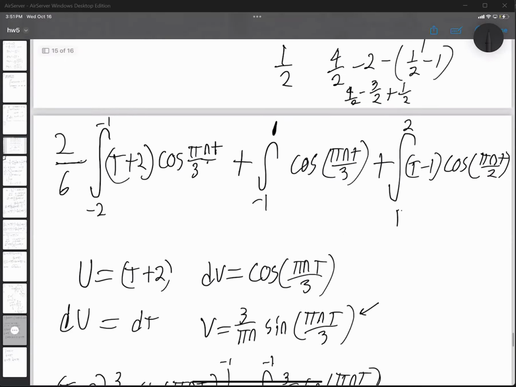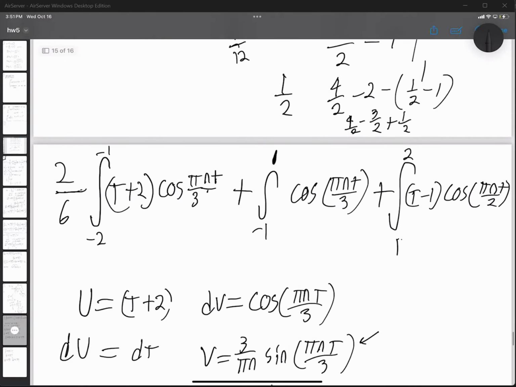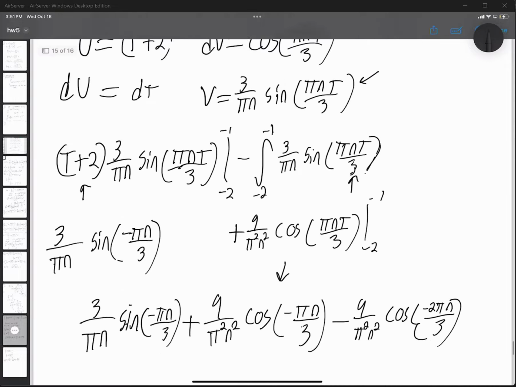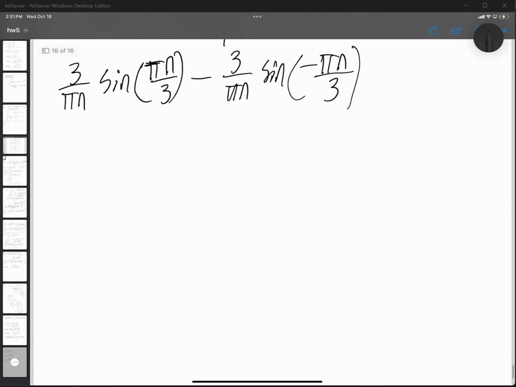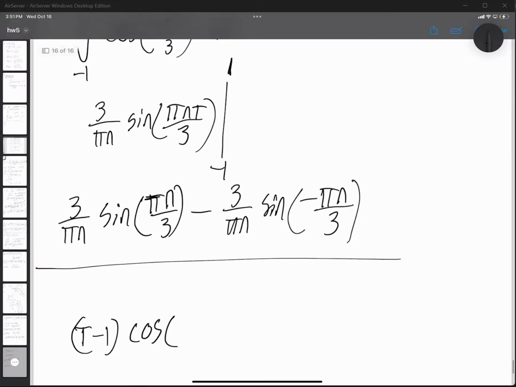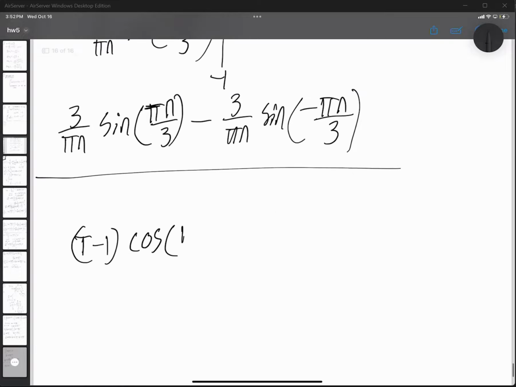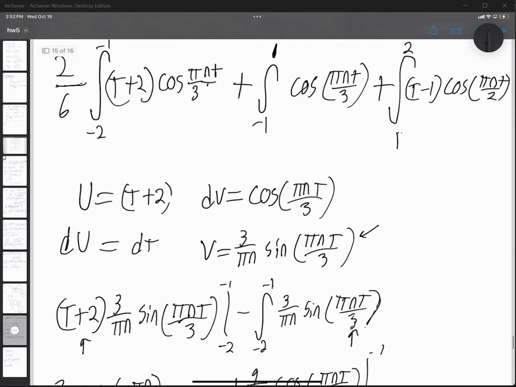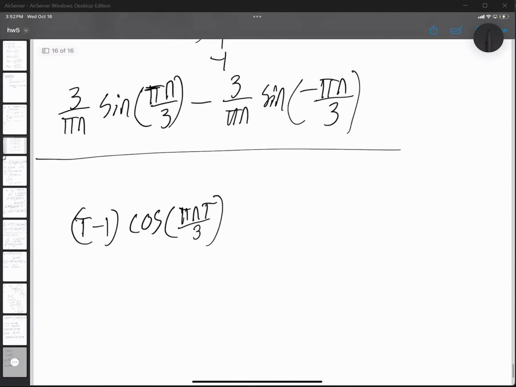Now let's do the last one. Thank the Lord. T minus 1 cosine of pi n t from 1 to 2.